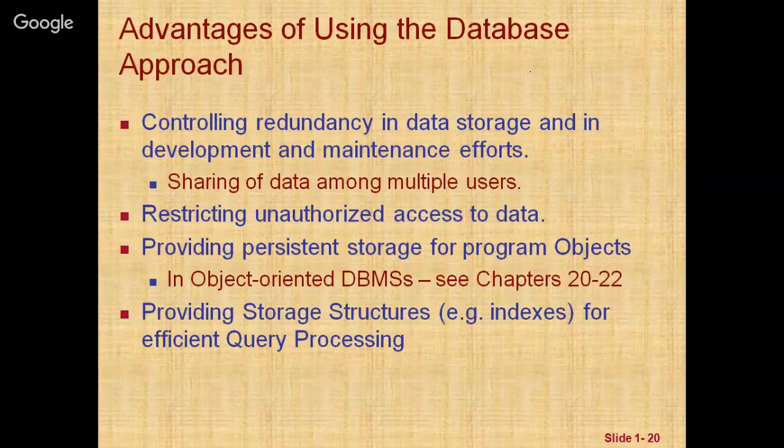So the database system must provide capabilities for efficiently executing queries and updates. Because the database is typically stored on the disk, the DBMS software must provide specialized data structures and search techniques to speed up disk search for the desired records. Because see, when you say database, it's a huge collection of records.